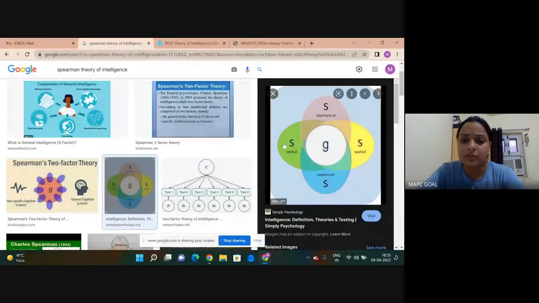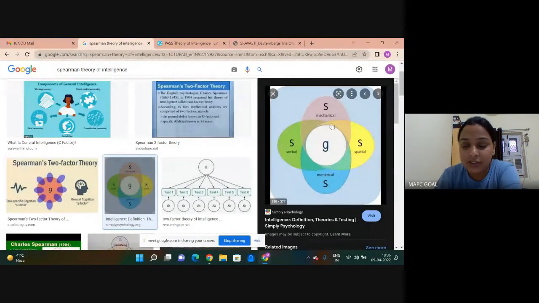The general ability is known as the G factor, and the specific ability is the S factor. Spearman believed there are 4 kinds of specific abilities or specific intelligence: spatial, mechanical, verbal, and numerical. These are acquired by individuals in the form of intelligence.